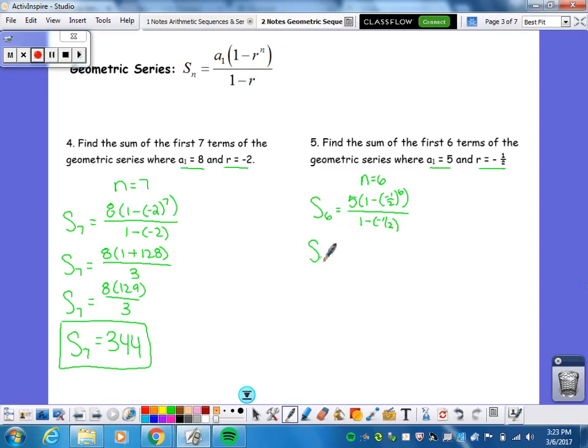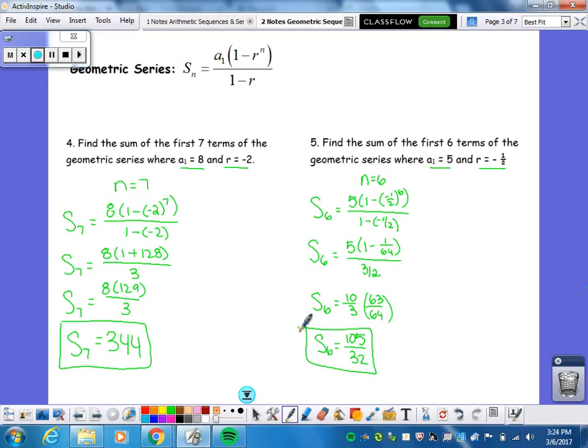When we simplify this, we get S sub 6 is equal to 5 times 1 minus 1 over 64, over 3 divided by 2, which we then get S sub 6 is equal to 10 over 3 times 63 over 64, which we then get as our final answer. S sub 6 is equal to 105 divided by 32. Now let's move on to the next problem.